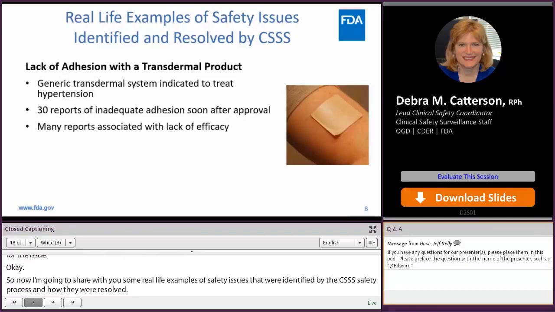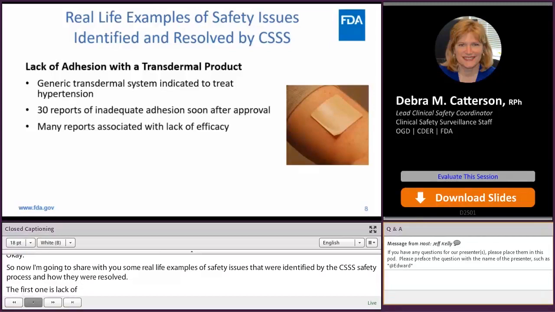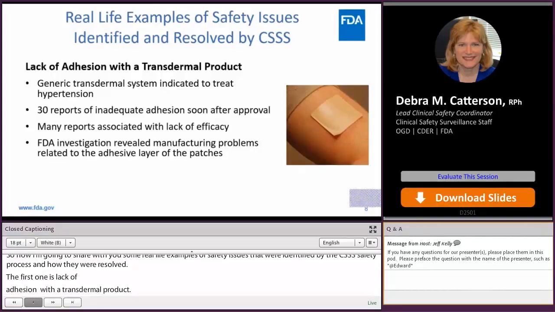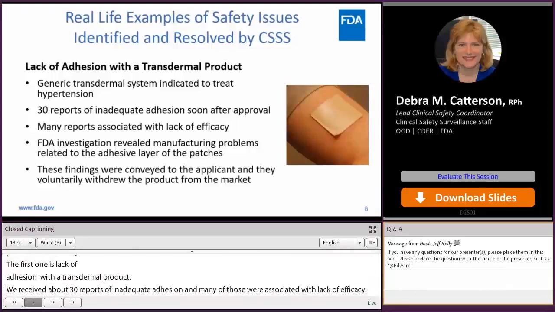We received about 30 reports of inadequate adhesion, and many of those were associated with lack of efficacy. An FDA investigation was done, and it revealed manufacturing problems related to the adhesive layer of the patches. These findings were conveyed to the applicant, and they voluntarily initiated a market withdrawal of the product.